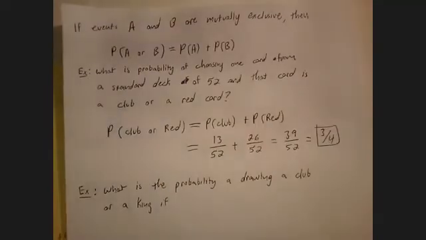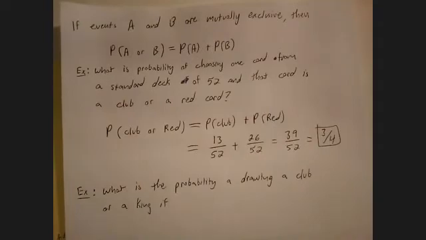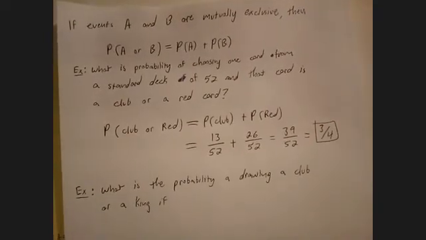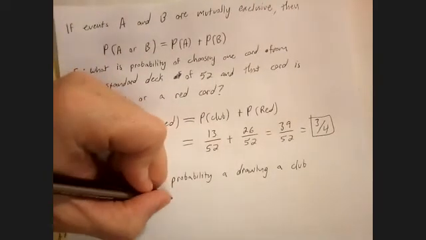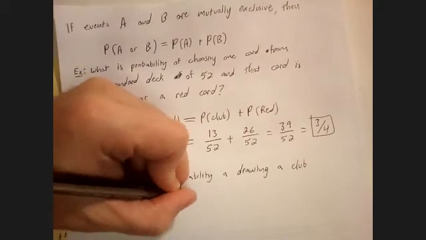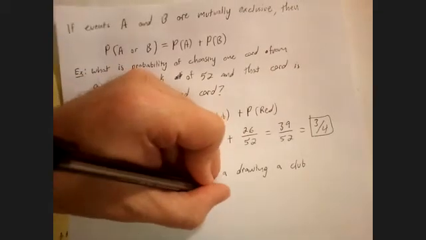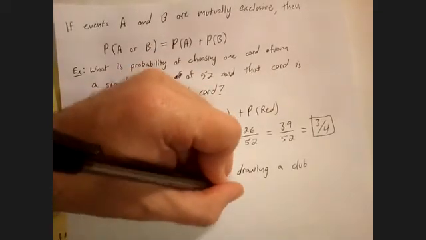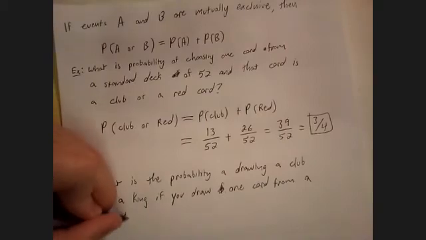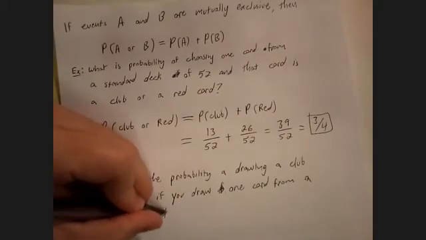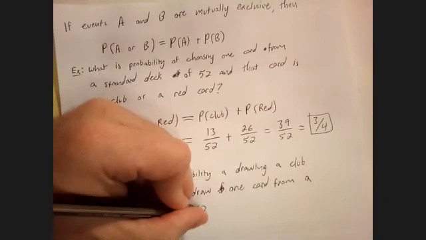Anytime I do this type of problem, I'm assuming it's a standard deck of 52. I will try to always put it, but so drawing a club or a king, if you draw one card from a standard deck of 52.